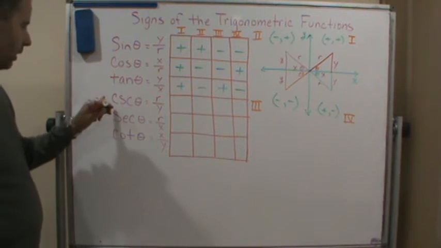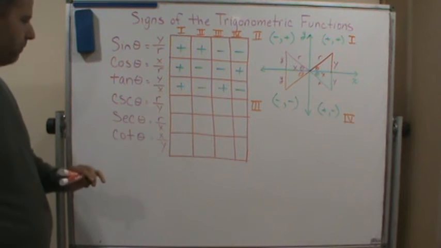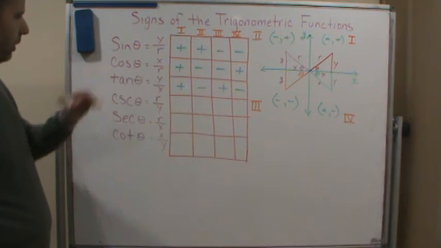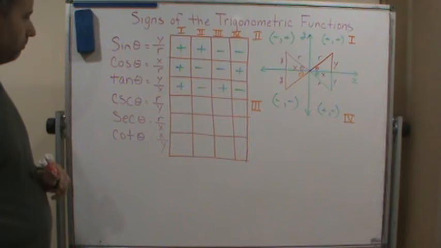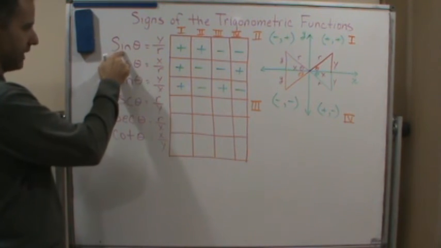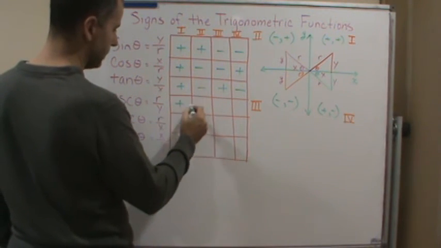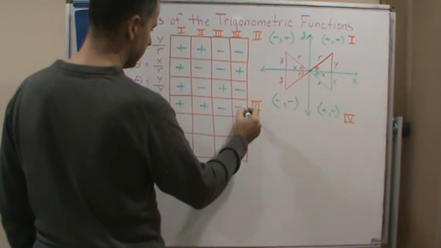Now, cosecant of theta is the reciprocal of sine, so it's going to follow the same pattern as sine: plus, plus, minus, minus.